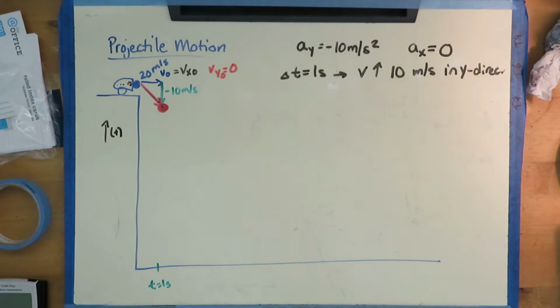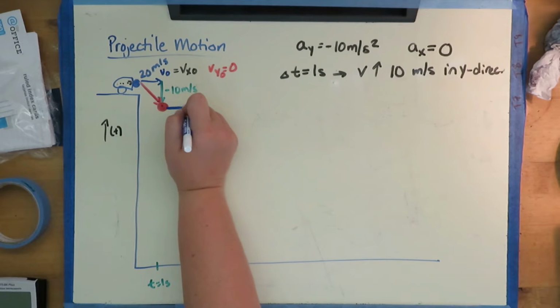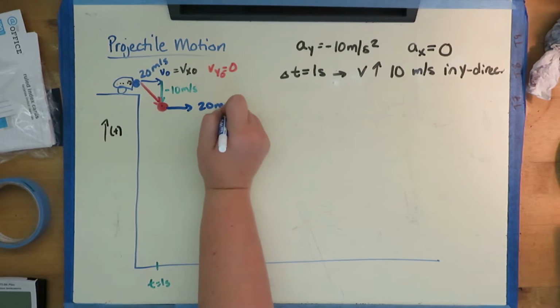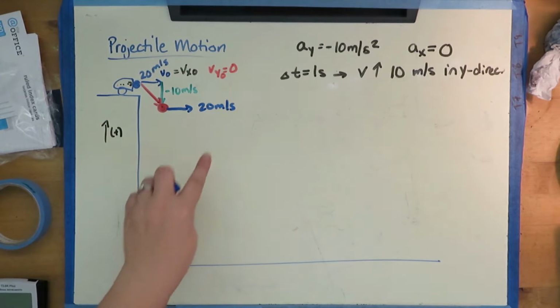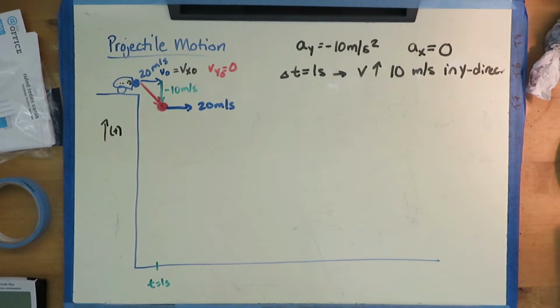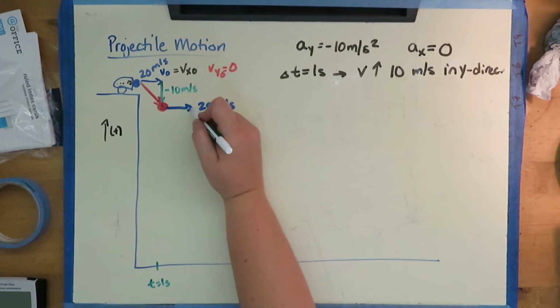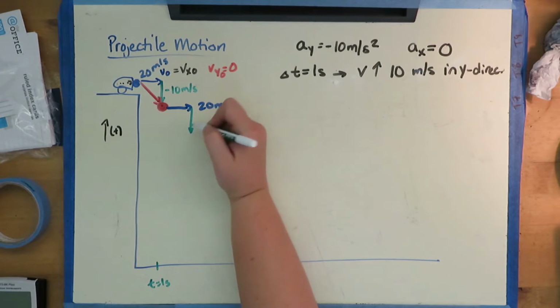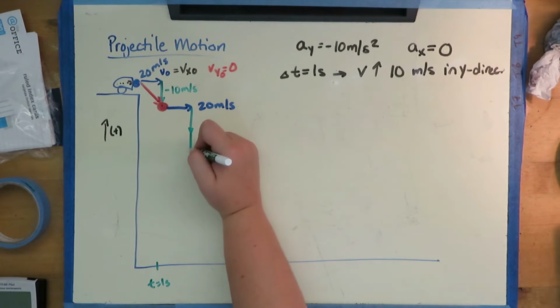Well, in the next second, it's still moving horizontally at 20 meters per second. I have no horizontal acceleration, so my horizontal velocity has to be constant. And my vertical velocity was negative 10 meters per second, but I have to add on another negative 10 meters per second.